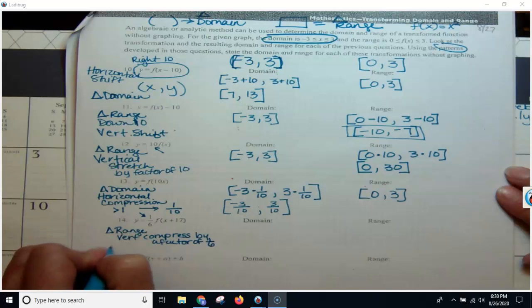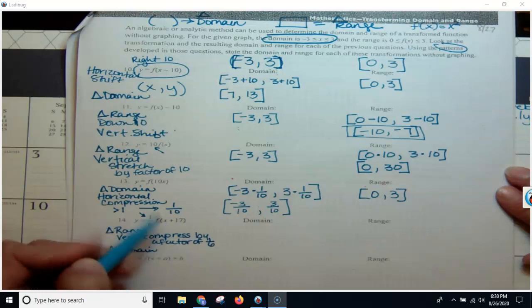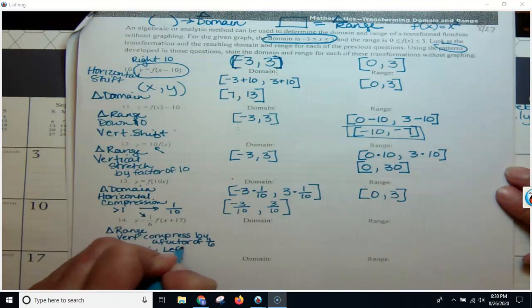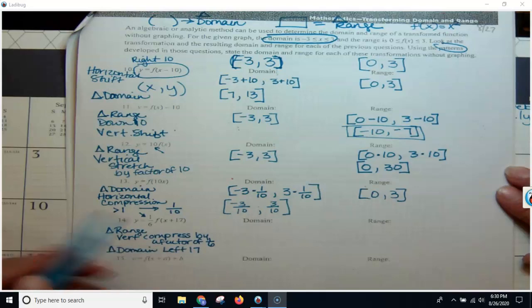And then it's a shift in the domain because it is a translation where it's moving left 17. So how does this affect? Both our domain and our range are going to be shifted.